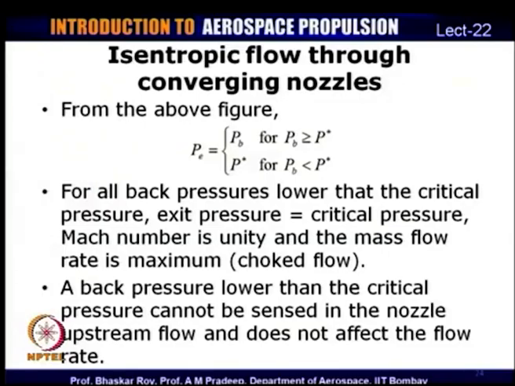So, for all back pressures lower than the critical pressure, the exit pressure will be equal to the critical pressure, the Mach number is unity and mass flow rate is maximum, which is basically the choked flow. A back pressure lower than the critical pressure cannot be sensed in the nozzle upstream flow, and it does not affect the mass flow rate. So, this is basically relating the back pressure and the exit pressure to the critical pressure as you change the back pressure values.